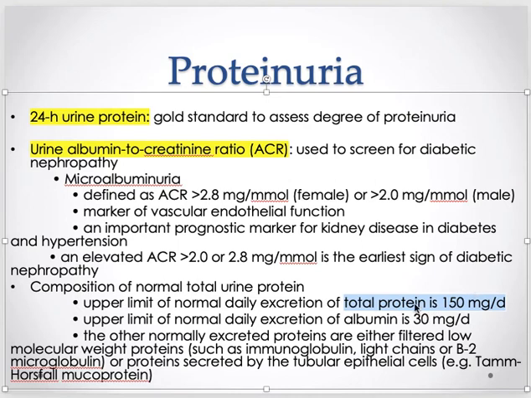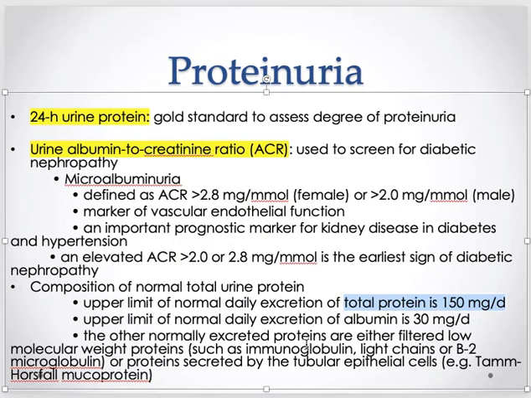So 150 is total protein and albumin is 30 milligram. If someone is losing 15 milligram per day, that's not albuminuria. Anyone who loses more than 30 will be called albuminuria, or if someone is losing more than 150 total proteins, then it will be called proteinuria.